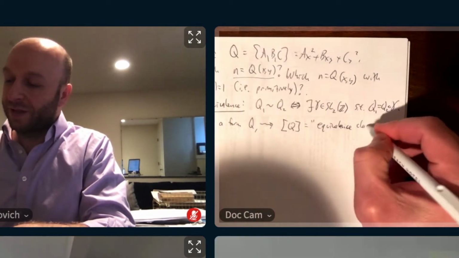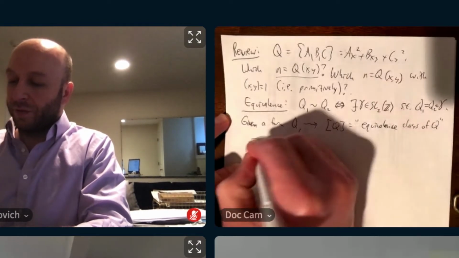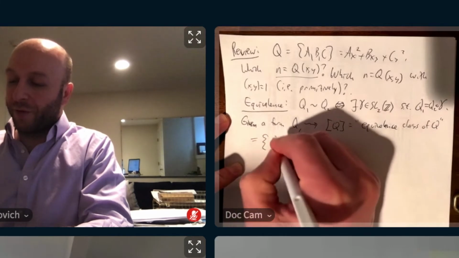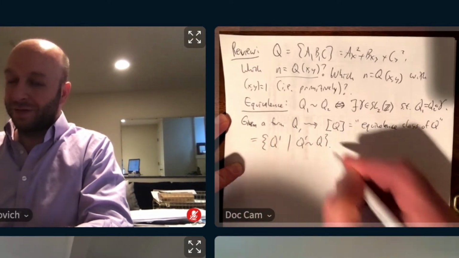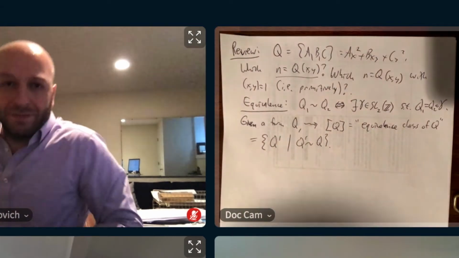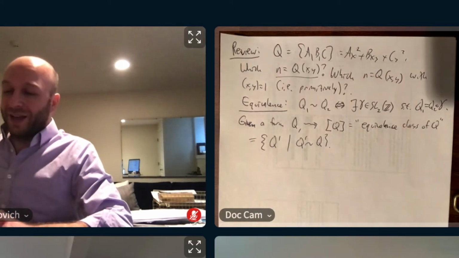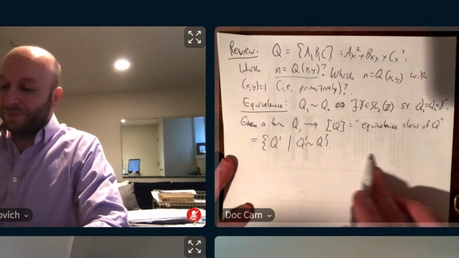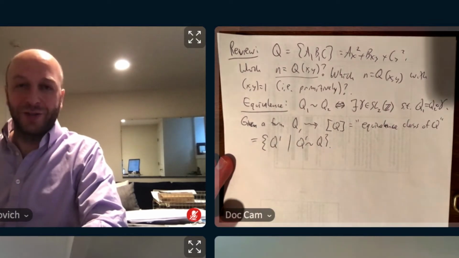The equivalence class of Q formally is the set of all quadratic forms Q prime which are equivalent to Q. It is an infinite set, a countably infinite set. It's a pretty big set, but it's not such a scary thing to try to understand.